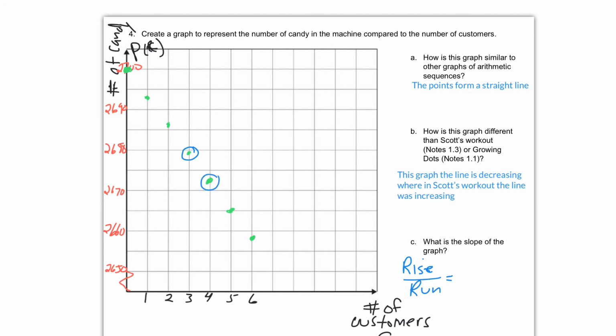What we're doing to get from one point to the next, I'm going down 7 and I'm going right 1. So my rise is -7, my run is 1, and if I simplify that, I get -7 as my slope. And remember, the slope and the common difference are always going to be the same. So here the slope is -7. Also, we talked about the common difference was -7.